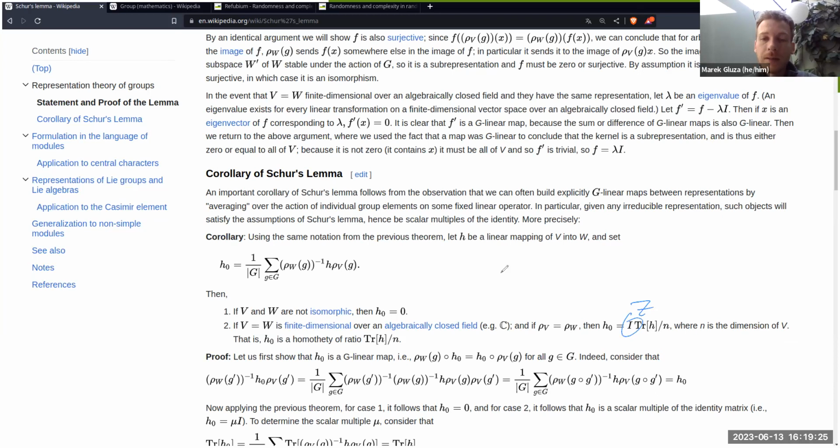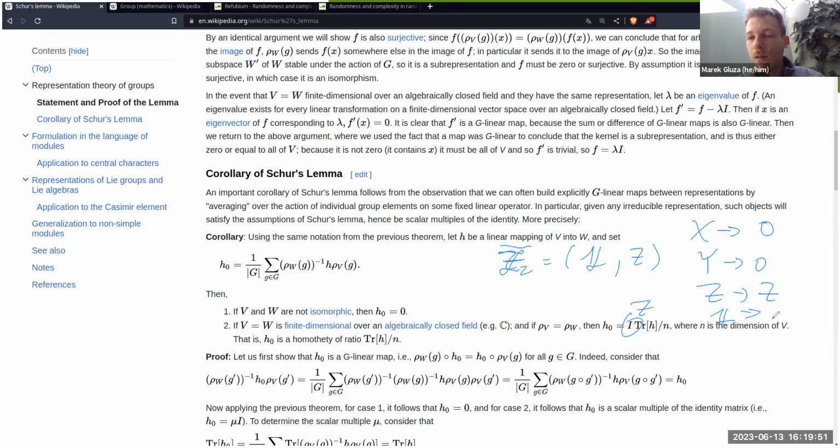So the mapping, when we choose Z to be identity and Pauli Z, so that's curly Z2, and that's our representation. That's a way of removing off-diagonal transformations, because X goes to 0, Y goes to 0, Z goes to Z, and identity goes to identity. So those two are diagonal, and those two are off diagonal.